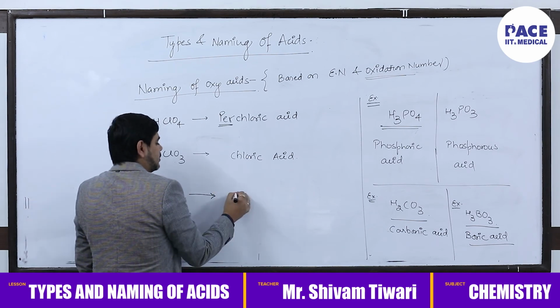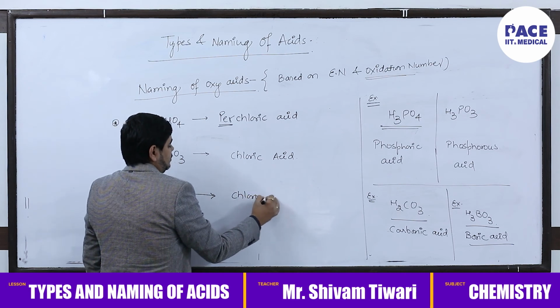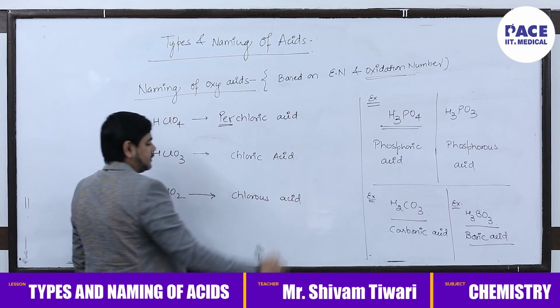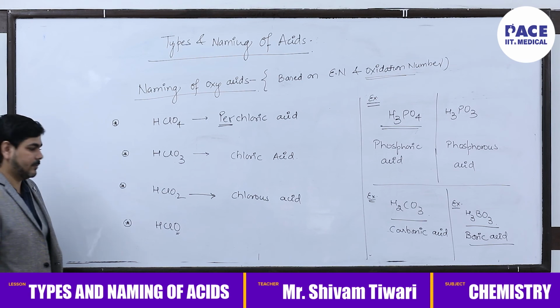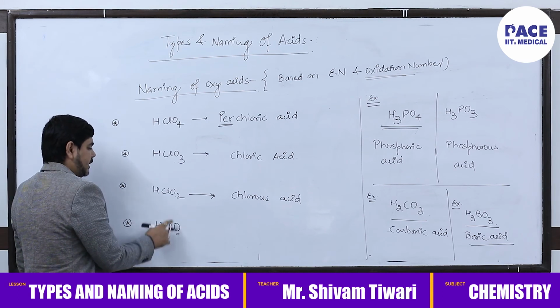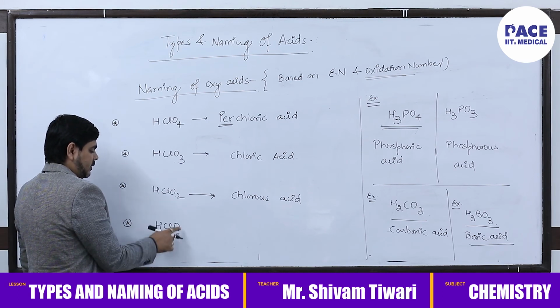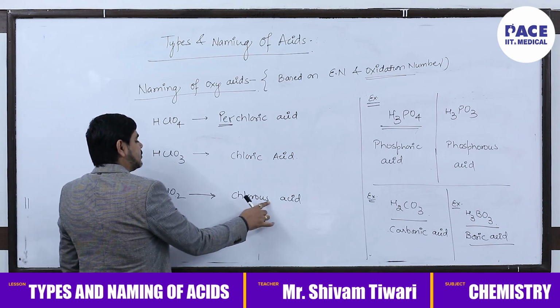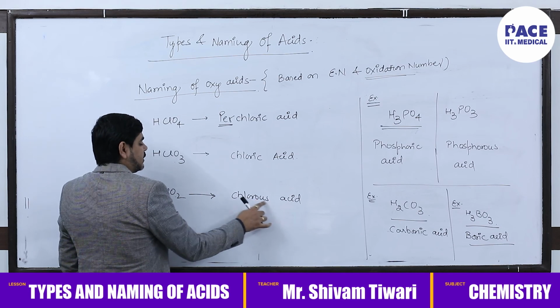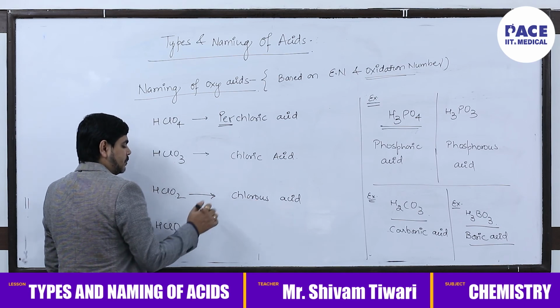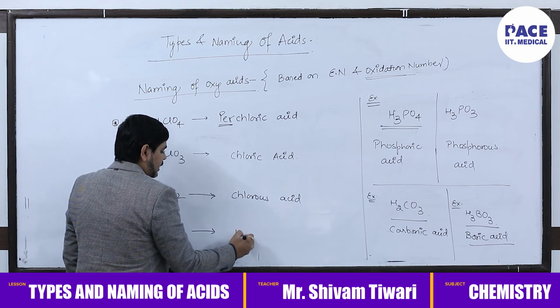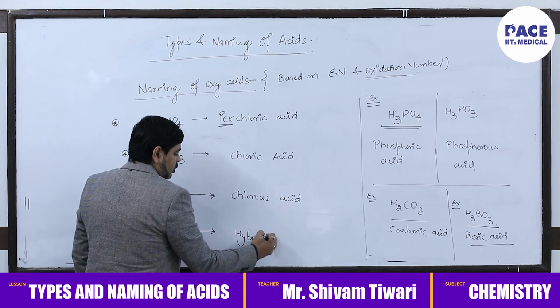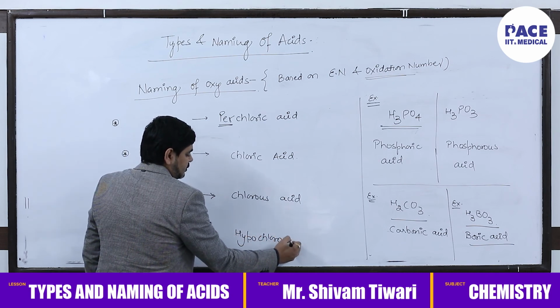So this is going to become chlorous acid. Then we have further decreased one oxygen. Now only one oxygen is there. So again we are not going to change the suffix. We are going to add a prefix, and that prefix is hypo, so hypochlorous acid.